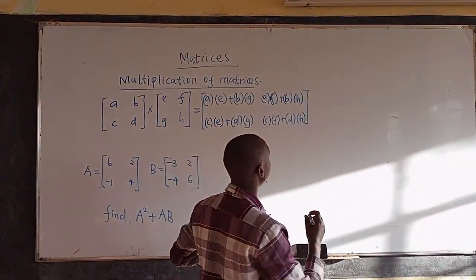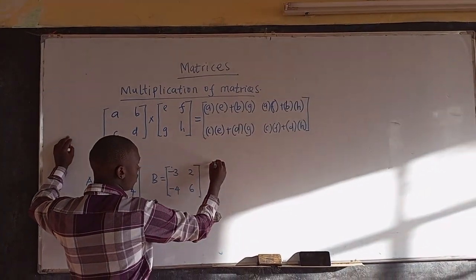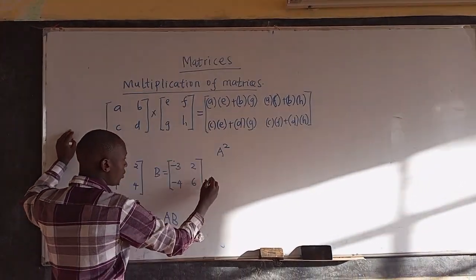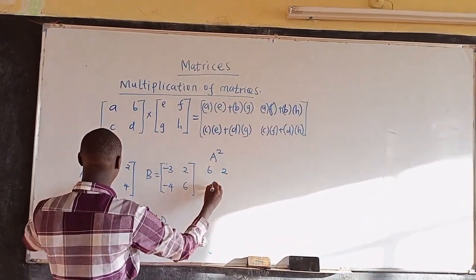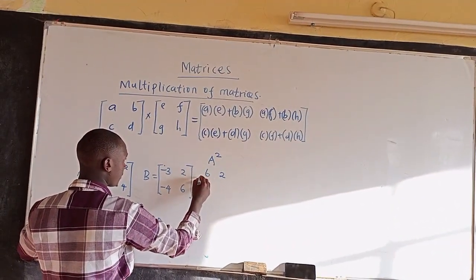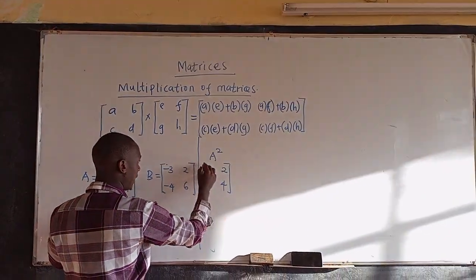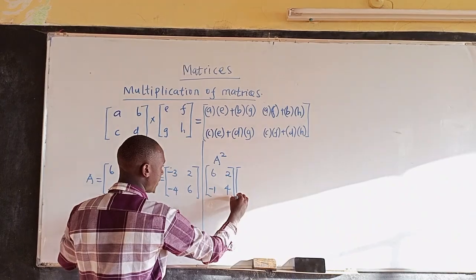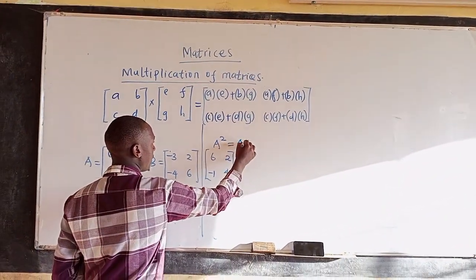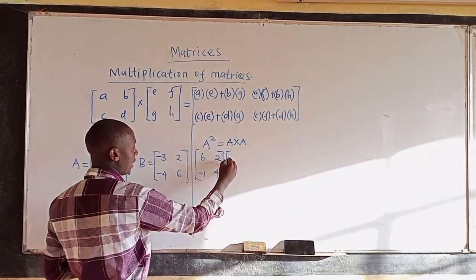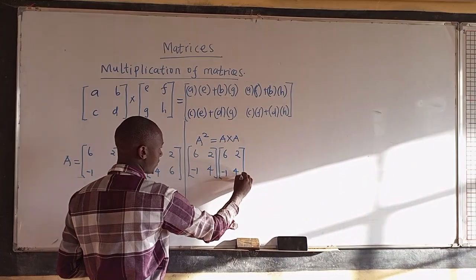So we have A squared. Let me do it over here. A squared means we're going to have A, which is 6, 2, -1, 4, multiplied by the same matrix, because A squared is A times A. So multiplied by 6, 2, -1, 4.